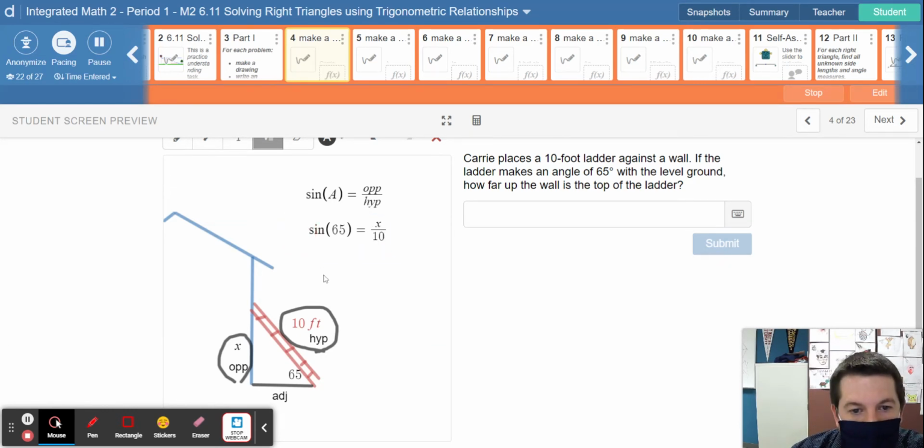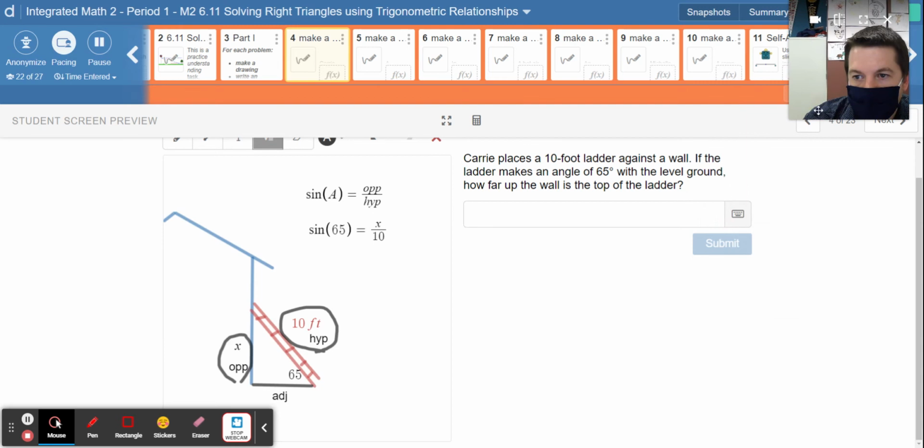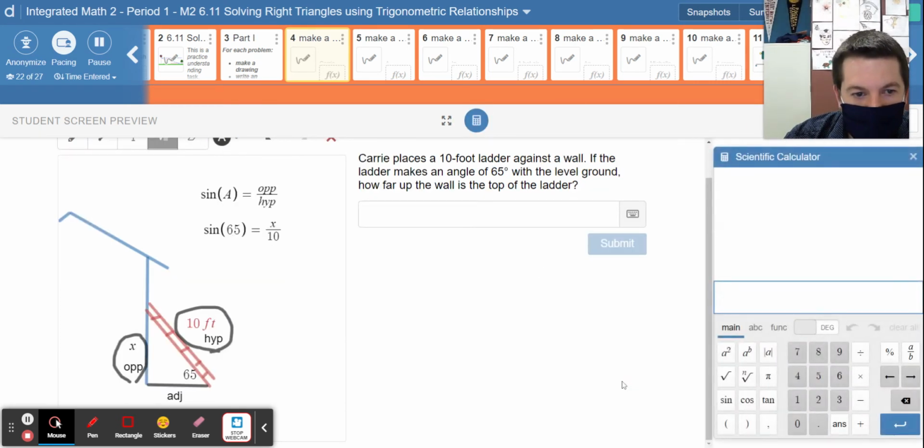To calculate the value of x, I need to use my calculator here. So I'm going to move my camera out of the way. There we go. So I'm going to get my calculator open here, and I'm going to type in the sine of 65.